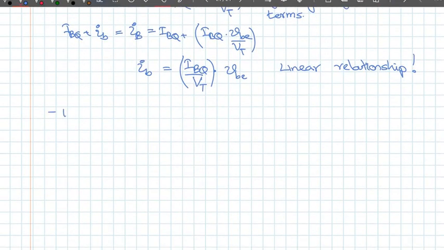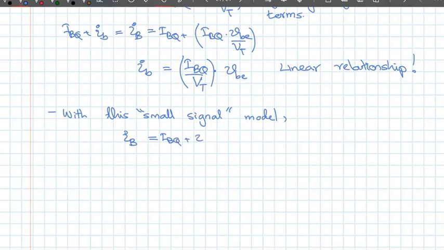With this small signal model, we have IB, which is AC plus DC, equal to IBQ plus simple IB. And also we have VBE equal to VBEQ, the DC part, plus simple VBE, the AC part.